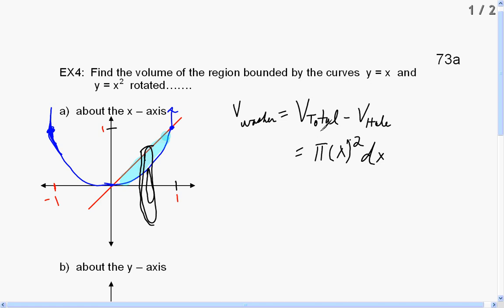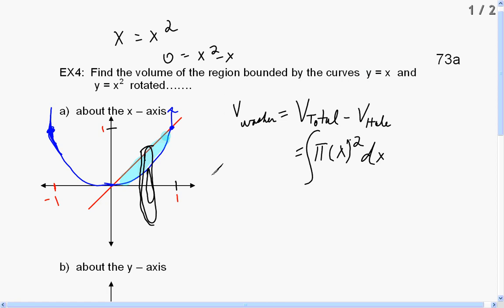And we're going to be integrating that. One of my limits of integration was where these two are equal, so that's from 0 to 1. I'm getting that because I set the two functions equal to each other. x is equal to x squared when 0 equals x squared minus x.